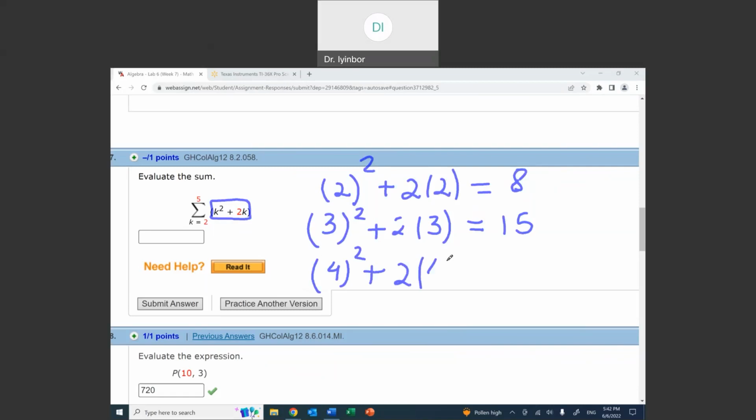So we have 16 plus 8, which is 24. And one more time, 5, because you have to finish at 5. So you have 5 squared plus 2 times 5. 5 squared is 25 plus 10 equals 35.